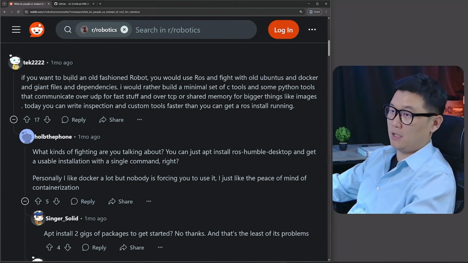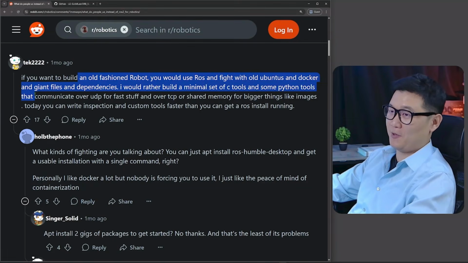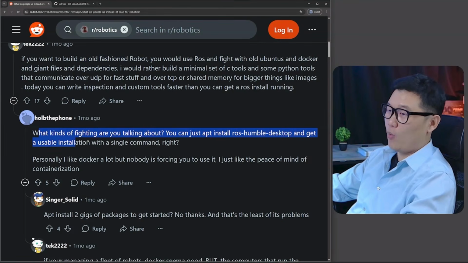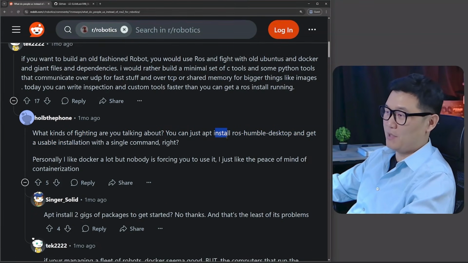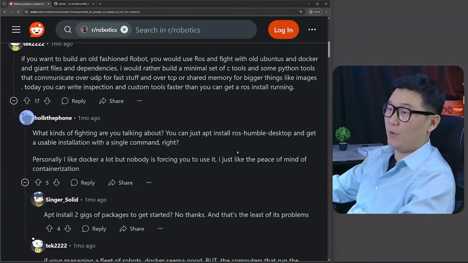And then this person says, if you want to build an old-fashioned robot, you use ROS and fight with old Ubuntus and Docker and giant files and dependencies and so on. And then what kind of fighting are you talking about? You can just apt install ROS Humble Desktop and so on, and that's simple. Yes, it is that simple. However, when it comes to robot operation, it's not just about a single robot.